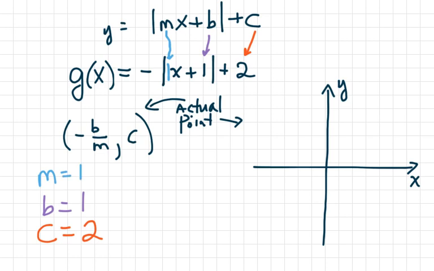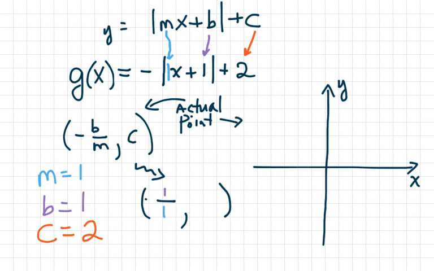So let's go ahead and take this equation right here and just plug in our numbers. We're going to be plotting this point on our graph next door here. First of all, what is b? b is 1. And what is m? Well, m is 1 also.